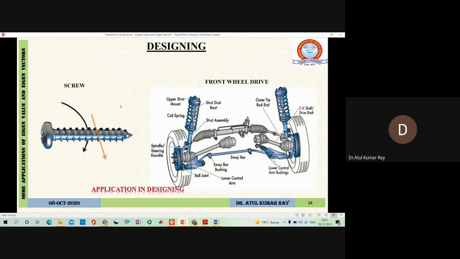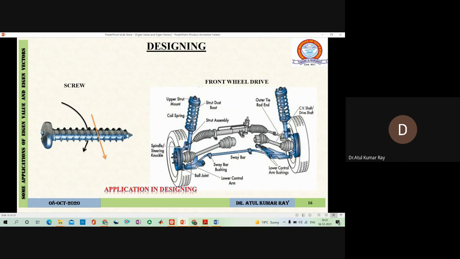Similarly, in design application, how is it used? It is also a design in a drive wheel, because there is a shaft. When we apply a brake, how do the wheels get stopped? The reason is, when we apply the brake, a certain force is applied to restrict the motion, and you can also see the spherical CV shaft here, the drive shaft, with which our vehicles get stopped.